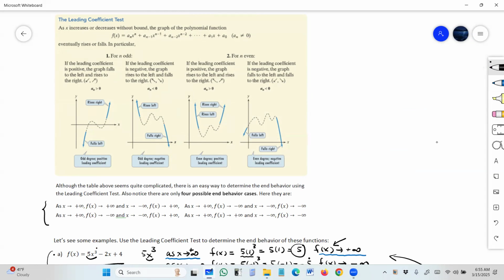So the end of the function is going to be one of these 4 cases. 1, 2, 3, or 4. The end of the graph has to be one of these 4. And the leading coefficient test, by analyzing the end behavior, will let us do just that.